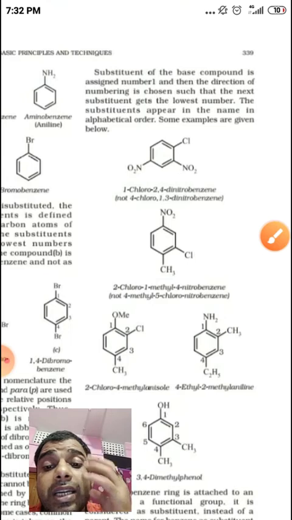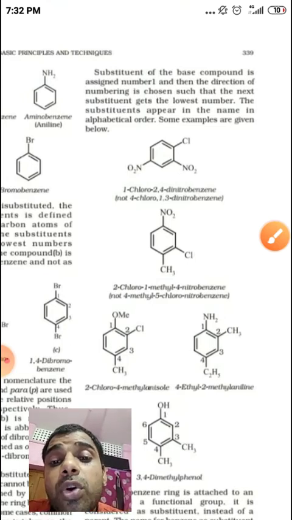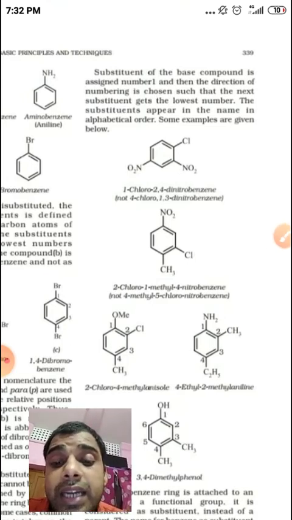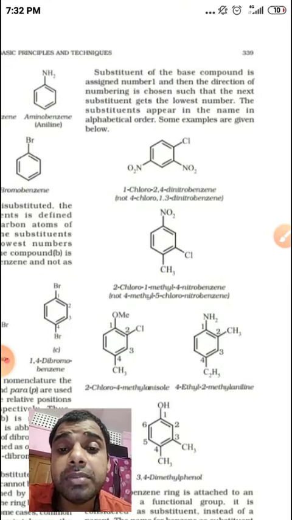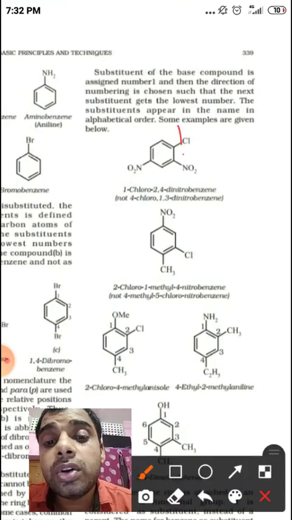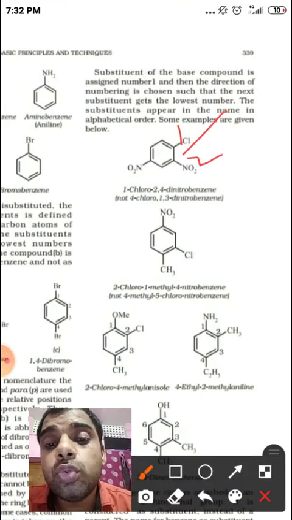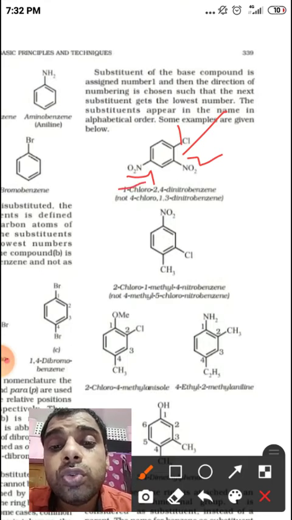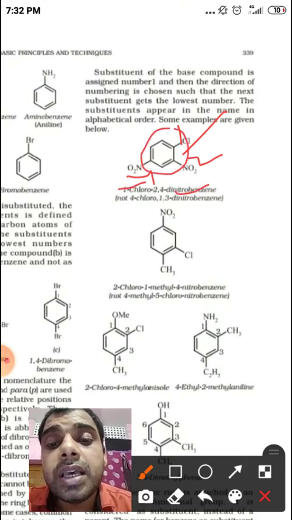You should understand the counting should start from chlorine. That halide will get the first priority. Then its name would be 1 chloro, and at 2 and 4 position nitro is there, so 1 chloro 2 4 dinitro benzene.